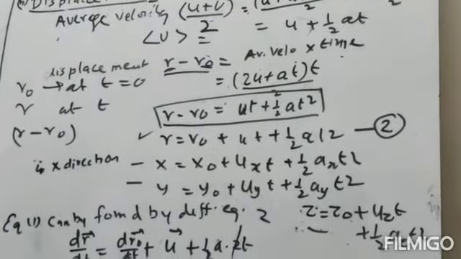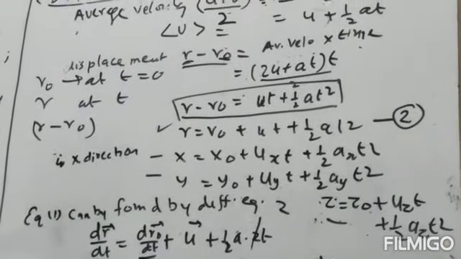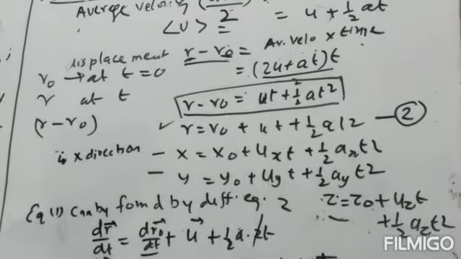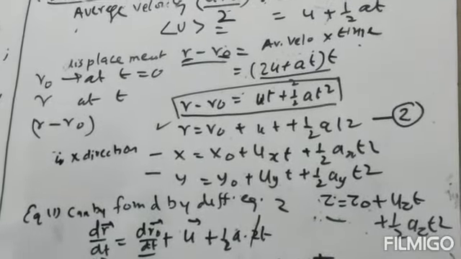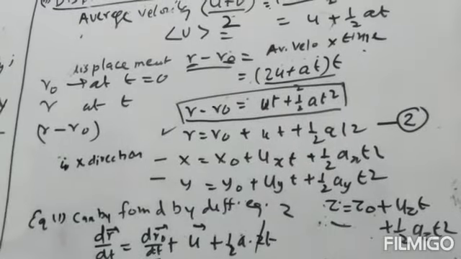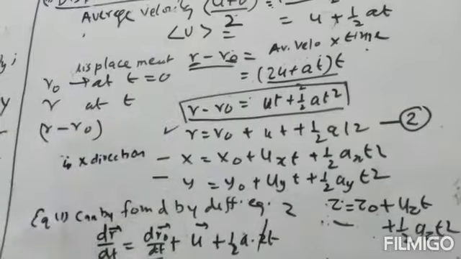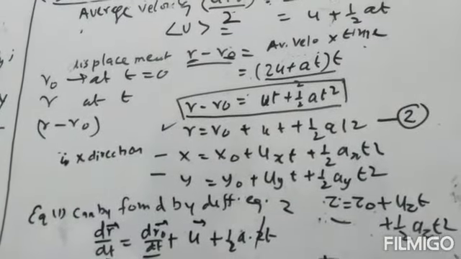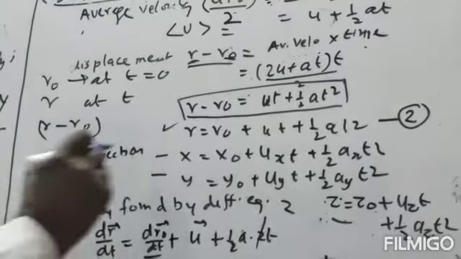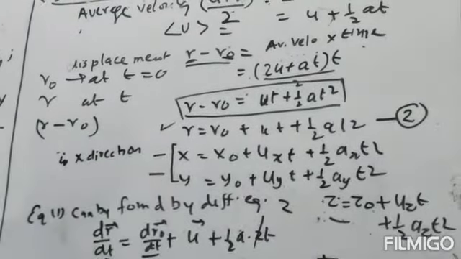So in 2 dimension or 3 dimension, it is a superposition of the different dimensions: the x direction, y direction and z direction. Suppose we take these two and add them.